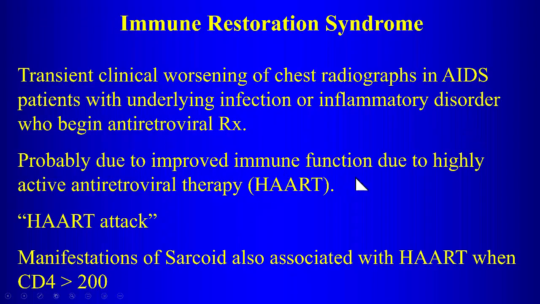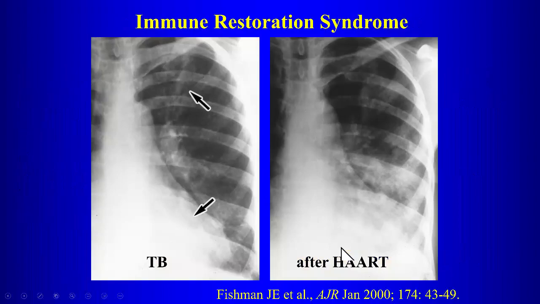So it's due to the improved immune function from the antiretroviral therapy. Interestingly, they can also manifest sarcoid. That is also associated with this immune restoration syndrome. So as their immunologic function improves, then they can manifest lymphadenopathy as a consequence of that.